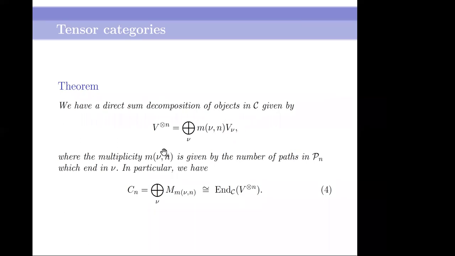And we have such a description where m_nu^n is the number of paths of length n ending in nu. And that particularly gives us that the path algebra Cn is isomorphic to this centralizer, this endomorphism algebra.